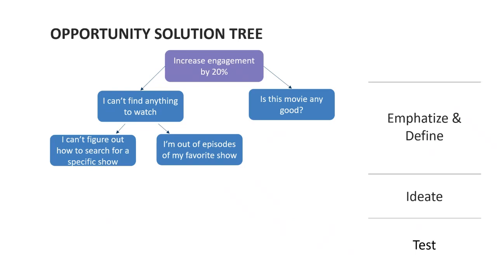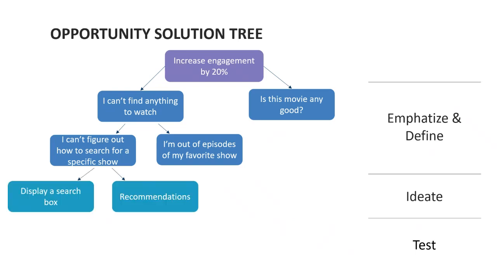So there is this structure of opportunities. We call them opportunities, but those may be problems, needs, desires, pains that people have. And then we ideate on how to best solve those problems. So for example, one idea for a person that cannot figure out how to search for a specific show may be displaying a simple search box. Another one might be a recommendations engine.